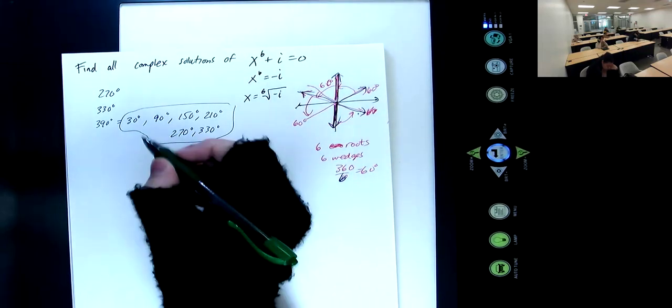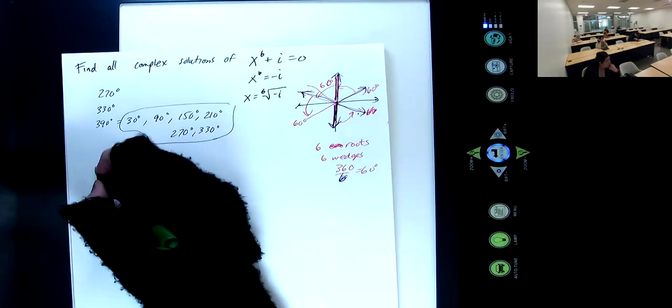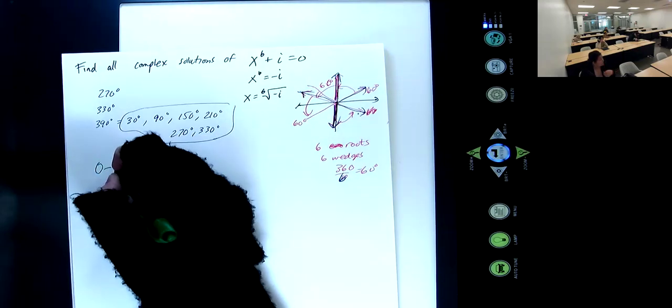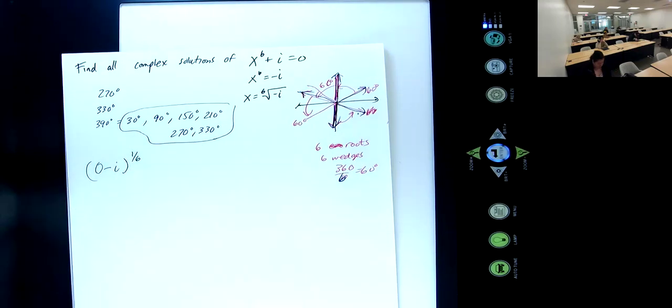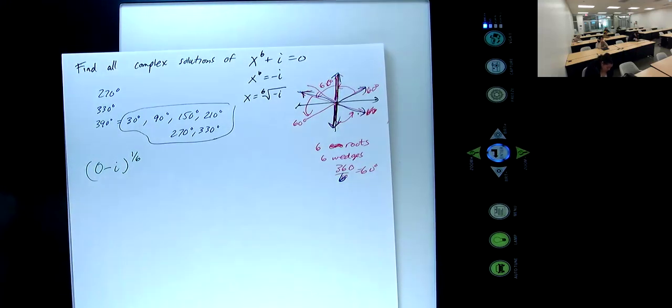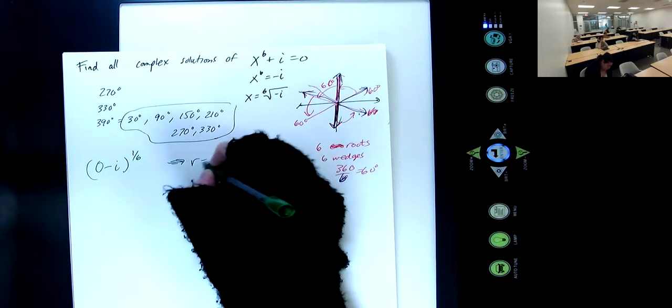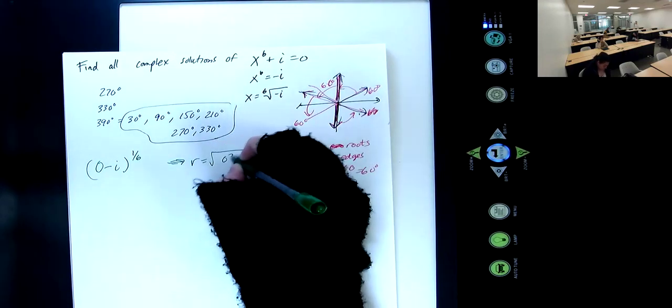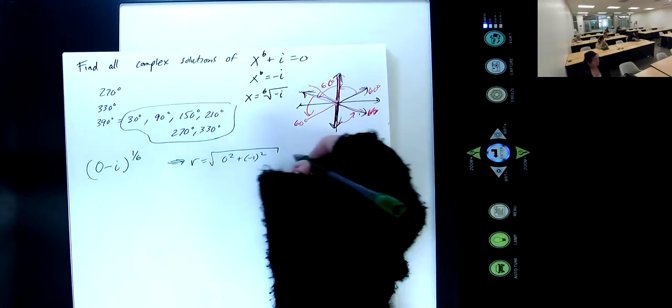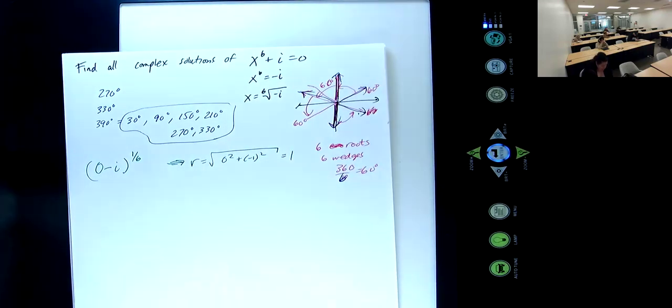We are looking at the 6th root of negative i, which is 0 minus i to the 1/6. So r is square root of 0 squared plus negative 1 squared, which is just going to give us 1.